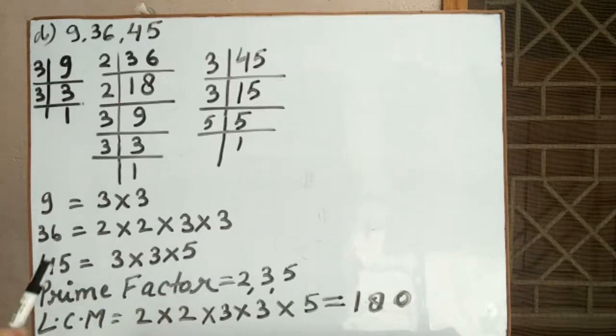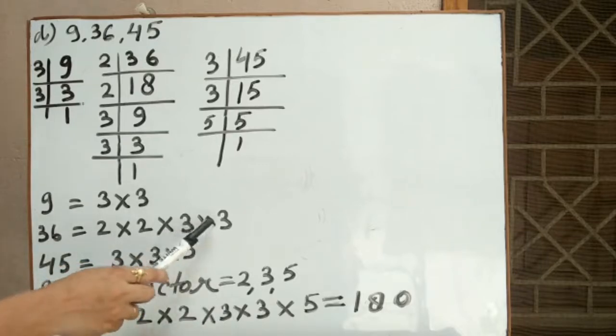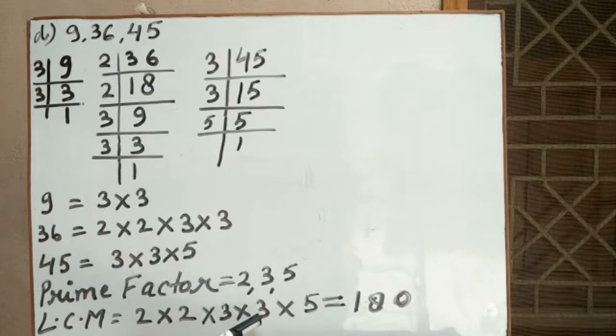Now LCM. 2 is occurring 2 times. That's why we will write here 2 into 2. And 3 is also occurring 2 times. 3 into 3 and 5 only 1 time. That's why we will write only 1 time 5. 2 into 2 into 3 into 3 into 5 is equal to 180. 180 is your answer.